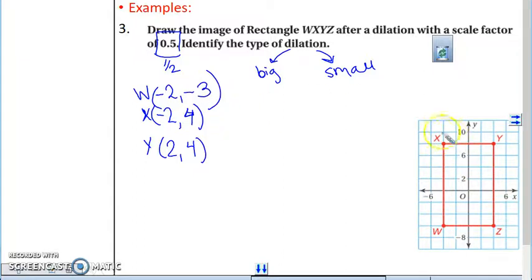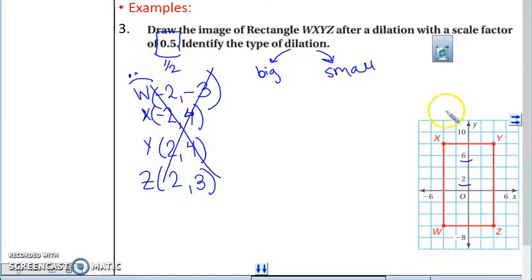Uh-oh, and here's a big mistake I see a lot. Z is right 2, down 3. I see this mistake so many times. What did I do wrong here? Our coordinates are not going by 1s, they're going by 2s. So I should have been going by 2s and not by 1s.